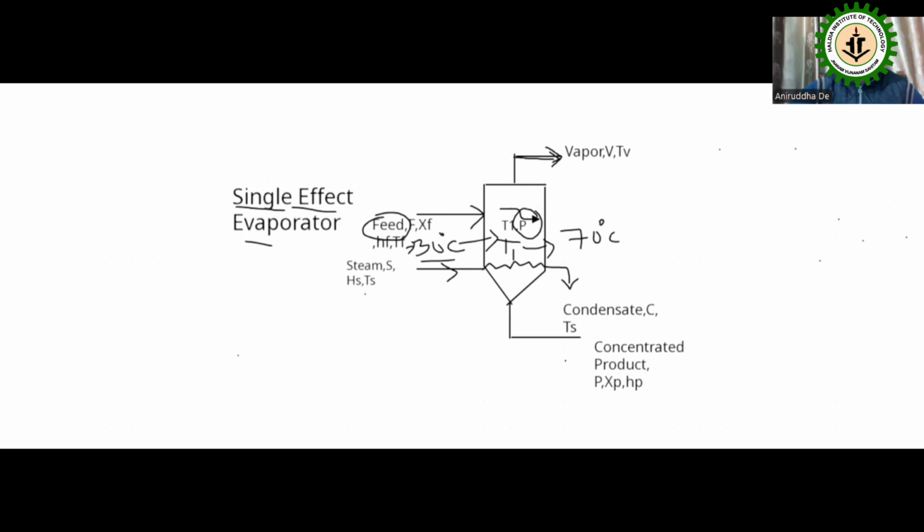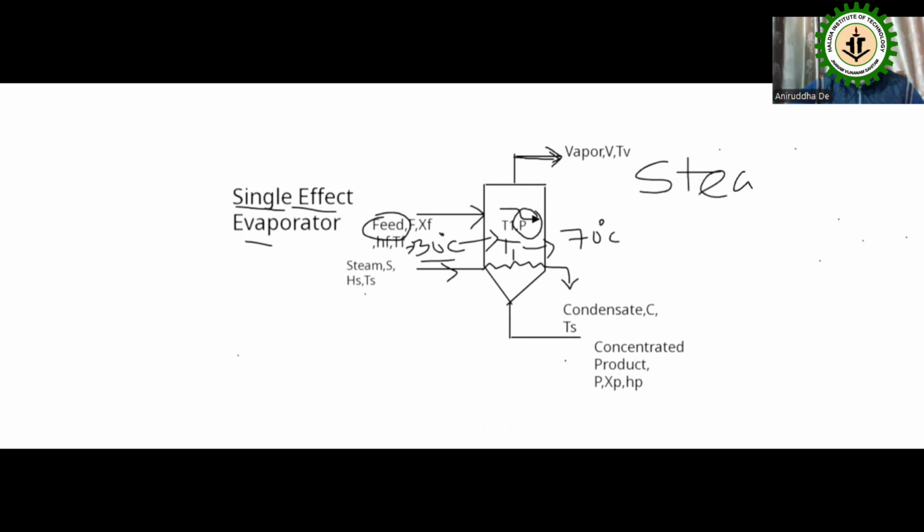This will reduce the energy cost, because in an evaporator the operating cost is mainly the steam cost. If we reduce the steam cost, we can improve the efficiency of the evaporator. This efficiency is measured in terms of a term known as steam economy.